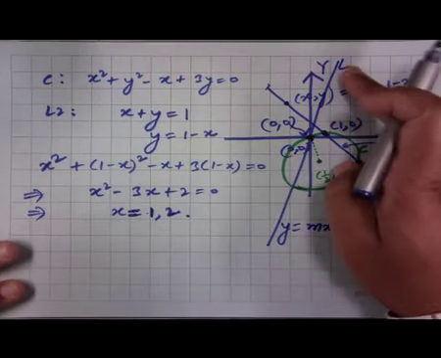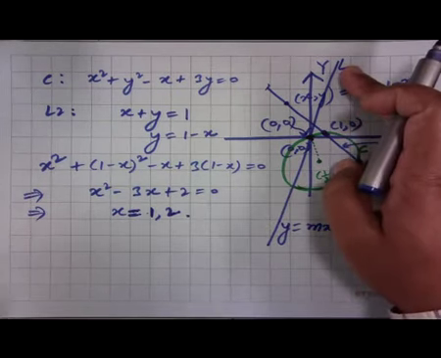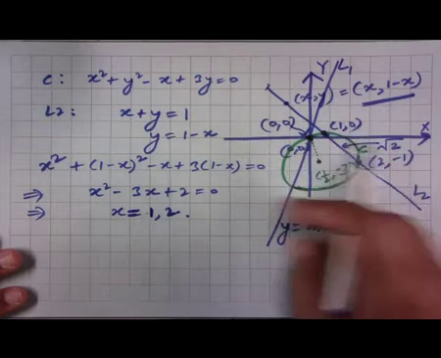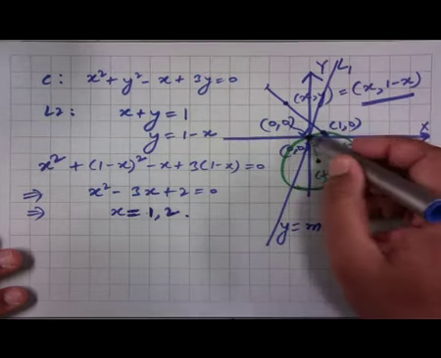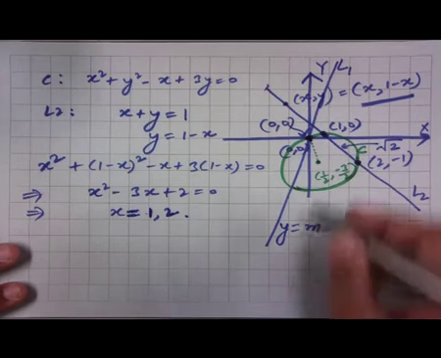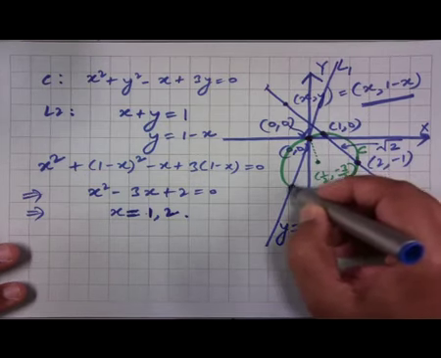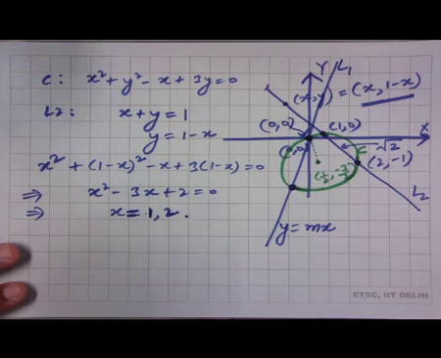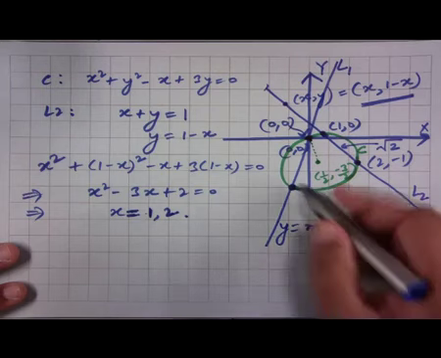because both the straight line and the circle pass through the origin. And then let us try to see what the coordinates of the second point of intersection are.